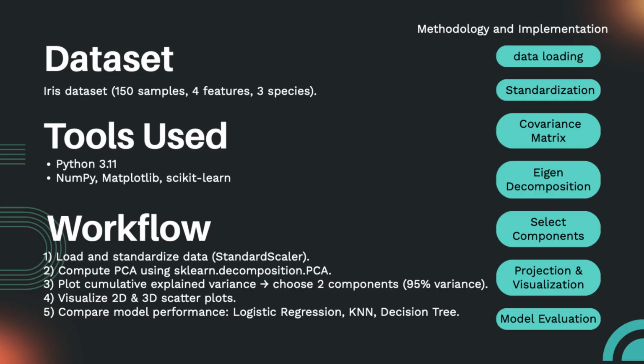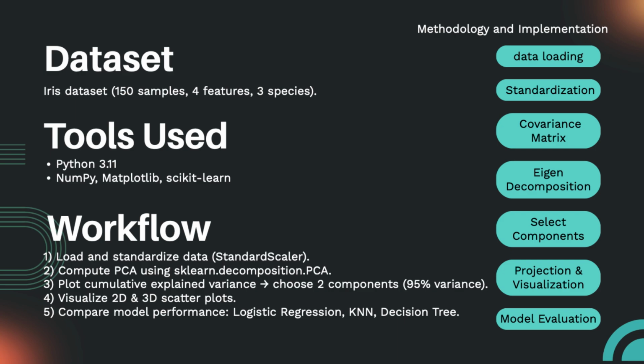For this project, we use the Iris dataset, which contains 150 samples, four numerical features, and 3 species. We perform our analysis in Python using NumPy, Matplotlib, and scikit-learn. The workflow involves 5 main steps. First is loading and standardizing the data using StandardScaler.